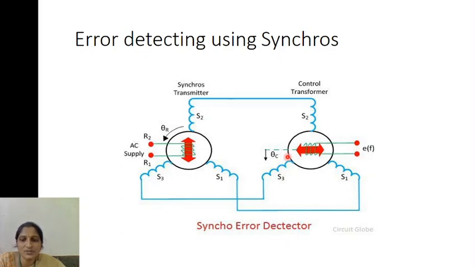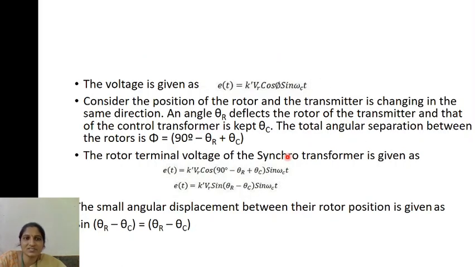That is what we are going to show from these equations. Now the voltage applied is given by E of t is equal to kVr cos phi sin omega t. Now consider the position of the rotor and the transmitter is changing in the same direction. An angle theta r deflects the rotor of the transmitter, and theta c indicates the control transformer angle.